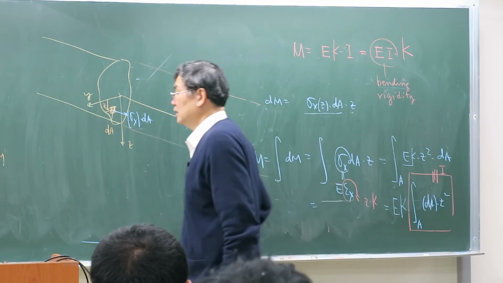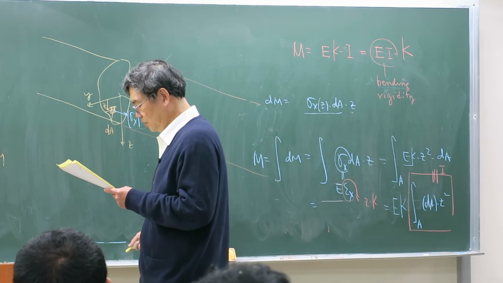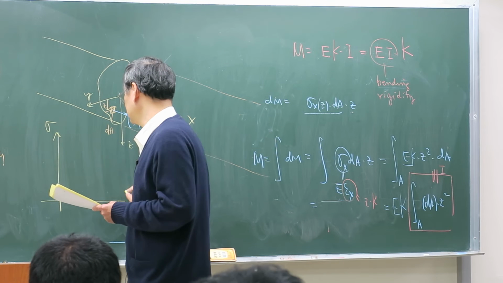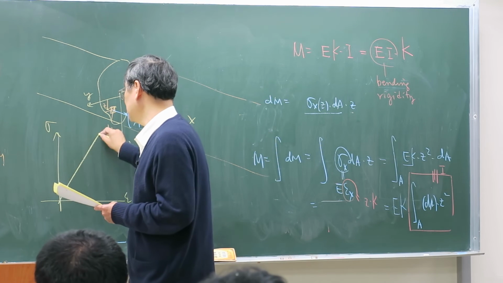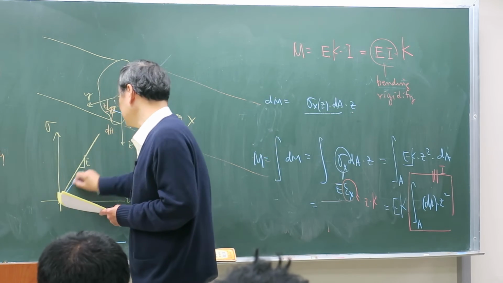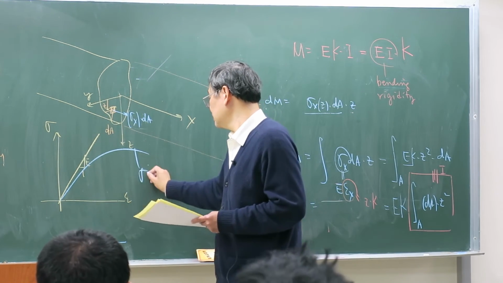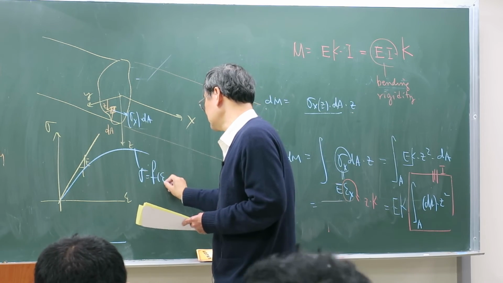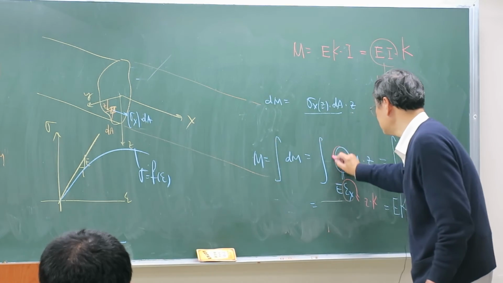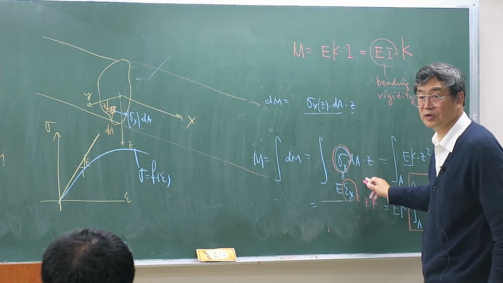But in the future, our material may be nonlinear. For example, if the stress-strain relationship is linear, this holds. If your stress-strain relationship is nonlinear, then it's a function of this, which means the moment will be a nonlinear function of curvature.